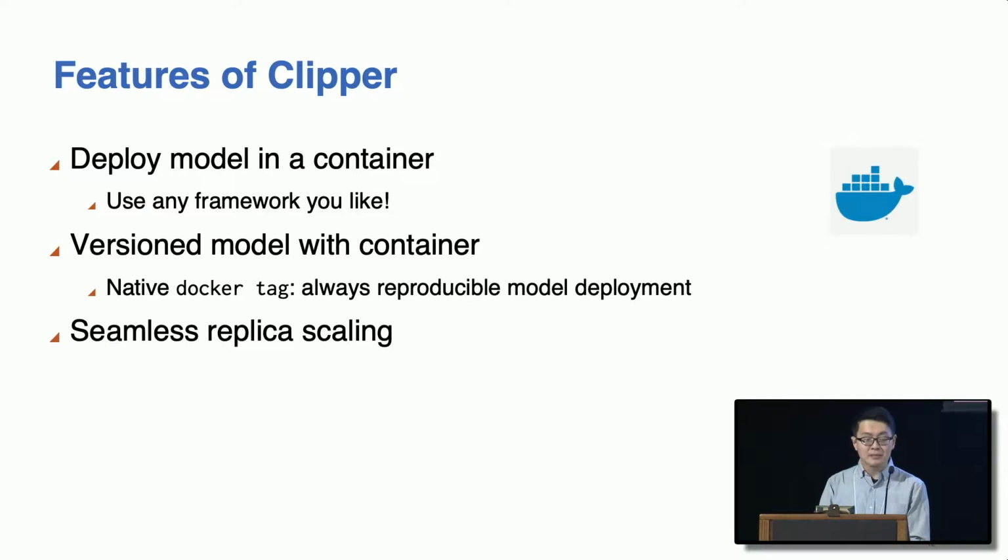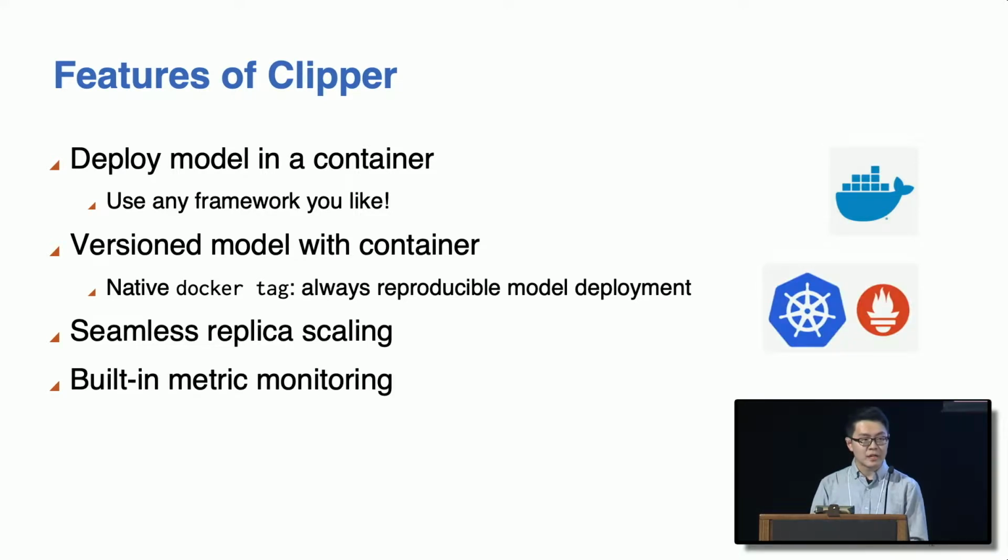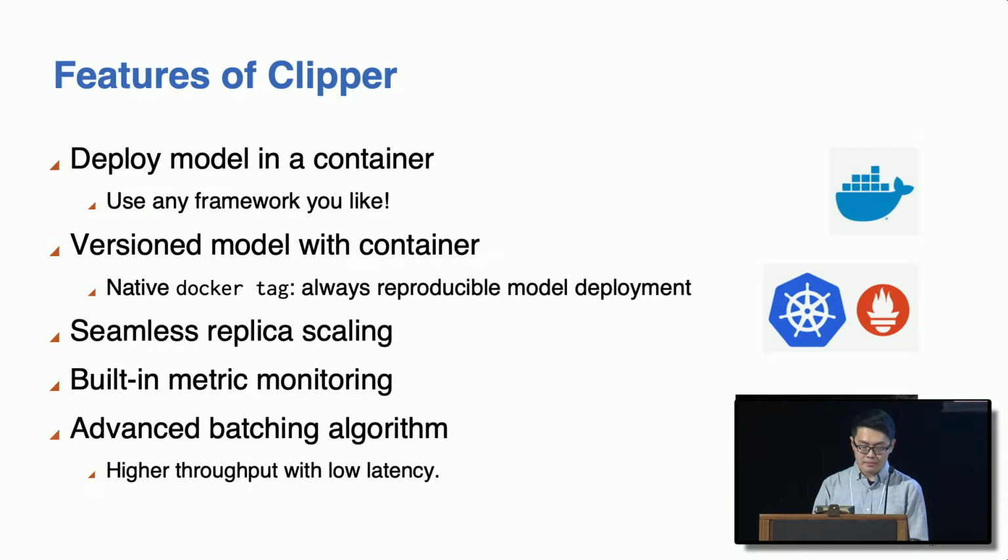We also have seamless replica scaling in Clipper, as well as built-in metric monitoring that exports Prometheus metrics, and it is ready for Kubernetes. Additionally, Clipper integrates interesting research done in this lab, where we study advanced batching algorithms such that we can achieve high throughput with low latency. This enables us to use expensive hardware like GPUs to serve our models.